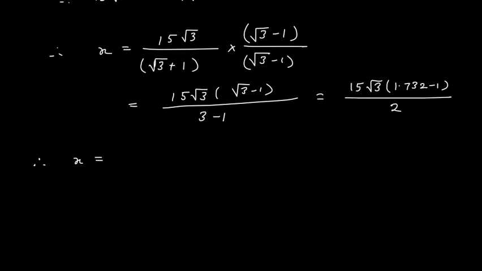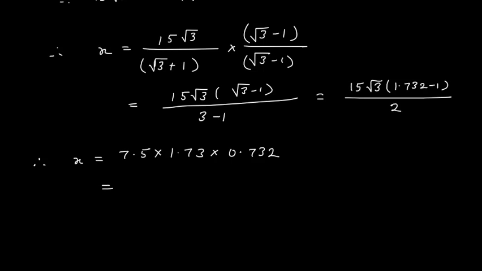So therefore the value of x: 15 divided by 2 is 7.5. 7.5 into root 3, which is 1.73, multiplied by 1.732 minus 1, which is 0.732.